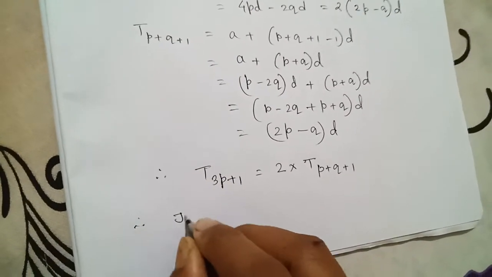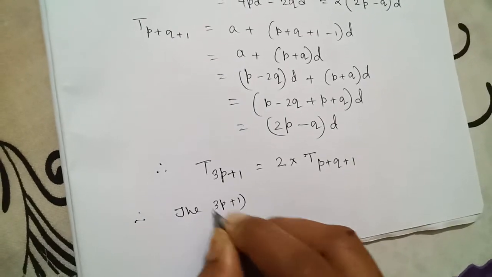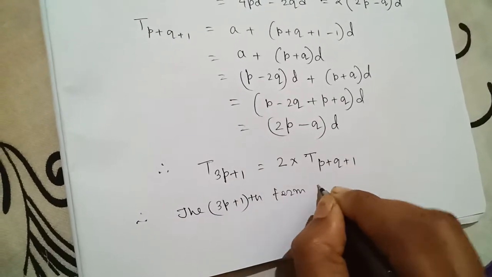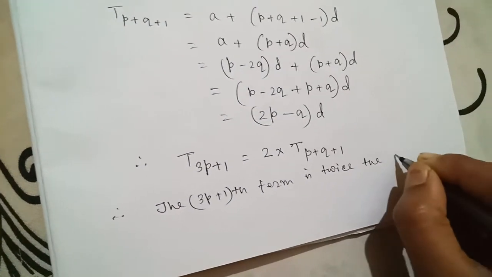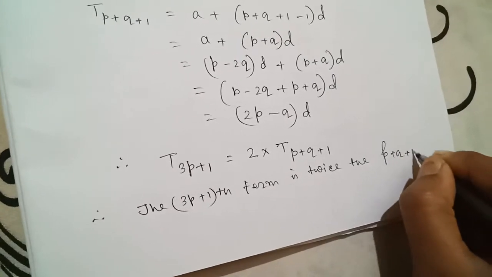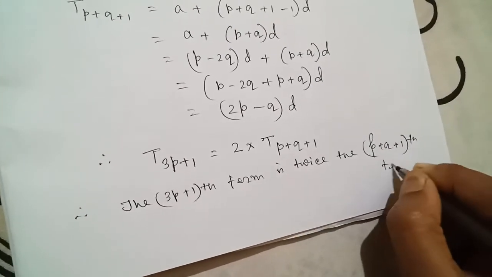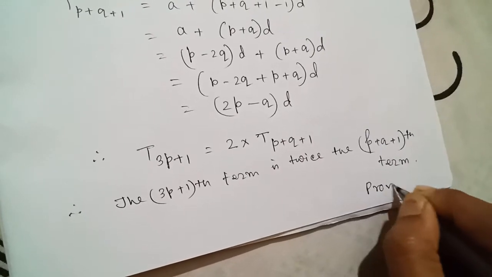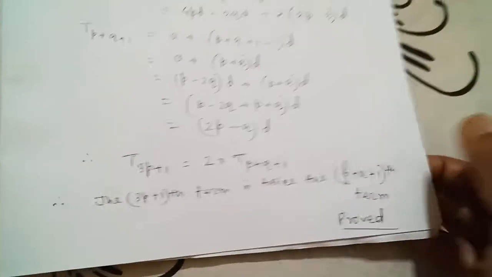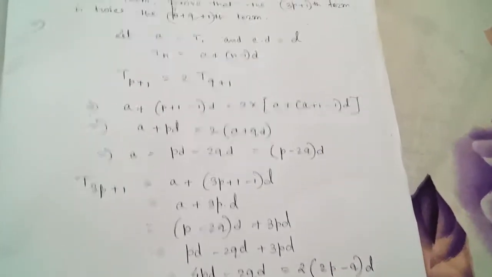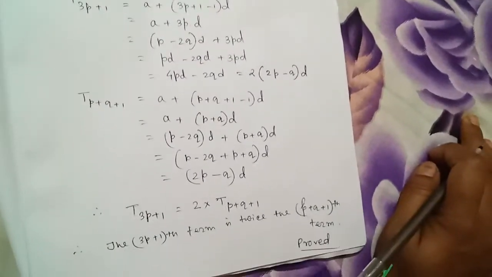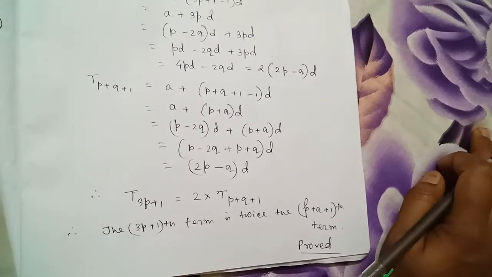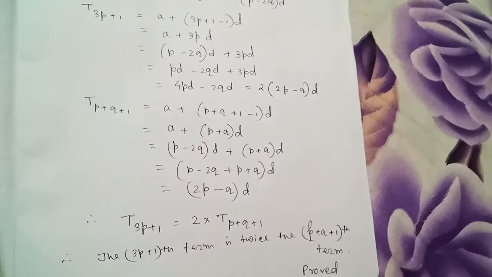Therefore the 3P plus 1th term is twice the P plus Q plus 1th term, and it's proved. So this is a very important and very good question for this chapter, arithmetic progression. This type of question may come anytime as the final question of your exam.